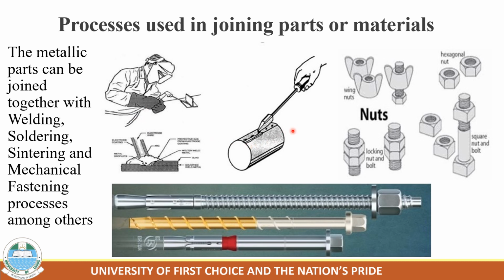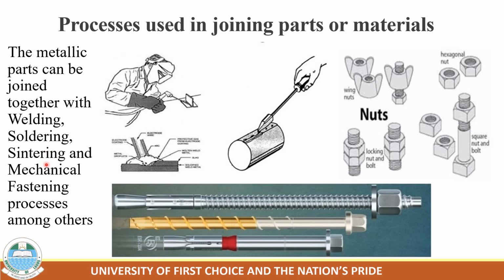And also this one is soldering, whereby you use solder to join two metals or two parts together. And this one is where you make use of fasteners. This is a different type of bolt and nut. To fasten different component parts together, you make use of fasteners. This one also is a fastener. And also the sintering method.